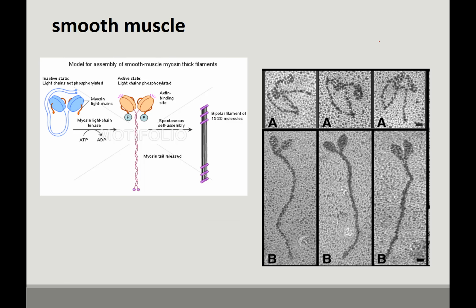What I want you to understand about smooth muscle is it's still a myosin-actin interaction. But in smooth muscle, the myosin, shown here, and I think this is just so cool that we can see individual proteins or these protein complexes, is kind of all crinkled up, and it's not phosphorylated.